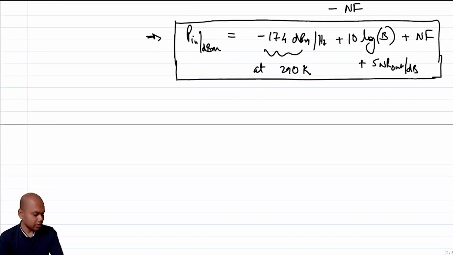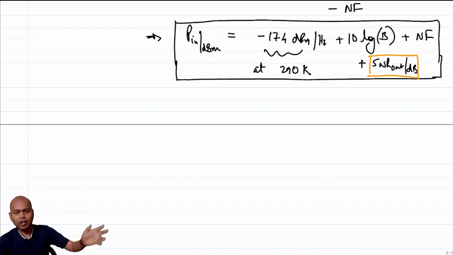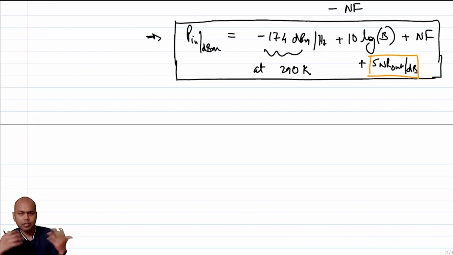This expression is essentially telling us if I desire certain signal to noise ratio at the output, right? Let's say I require certain signal to noise ratio at the output to understand what the transmitter, which is located far away, is sending me, right? So if the SNR out is, let's say, 0 dB, which means that I have as much noise as signal, I'll not be able to distinguish the noise from the signal effectively, right?